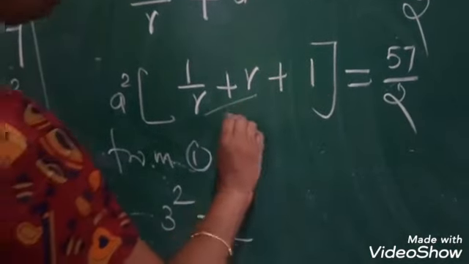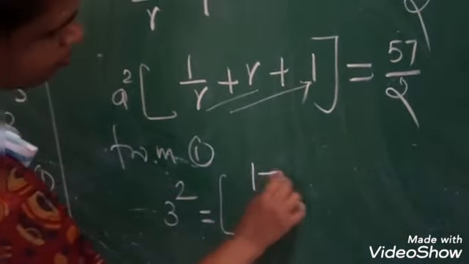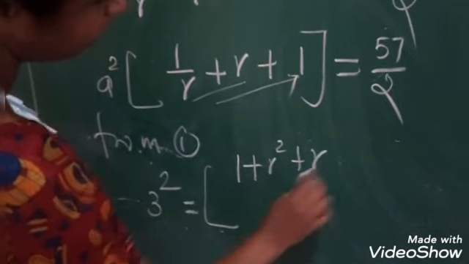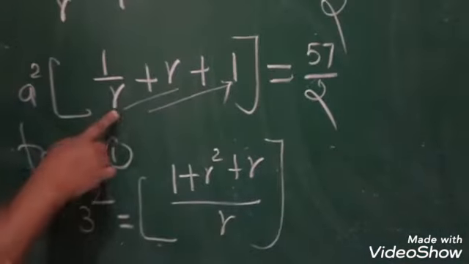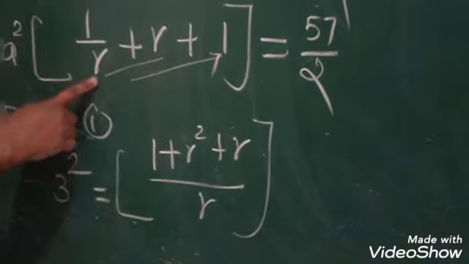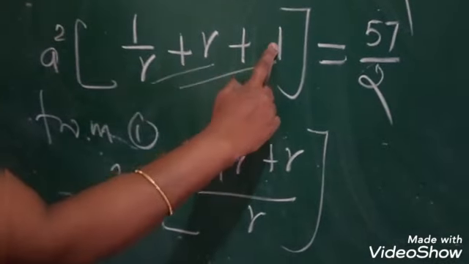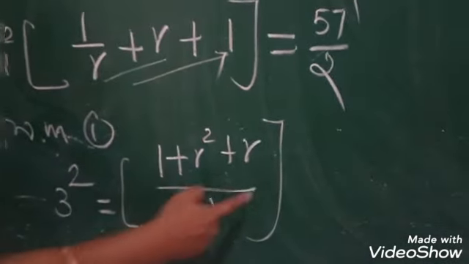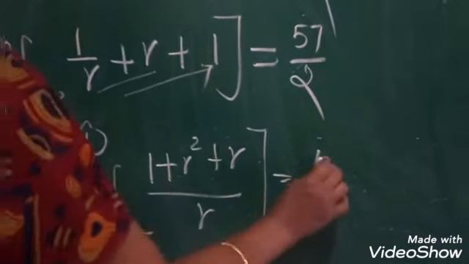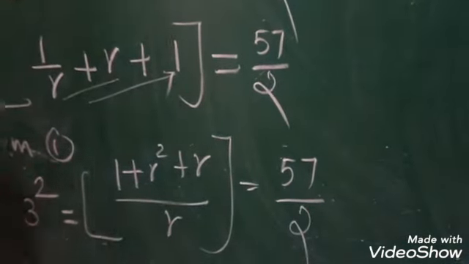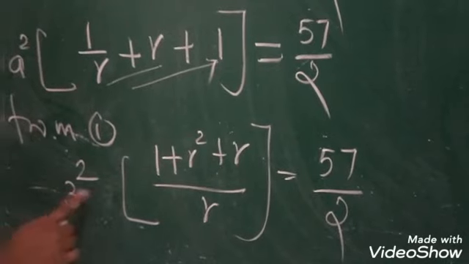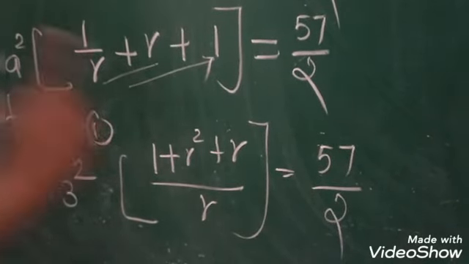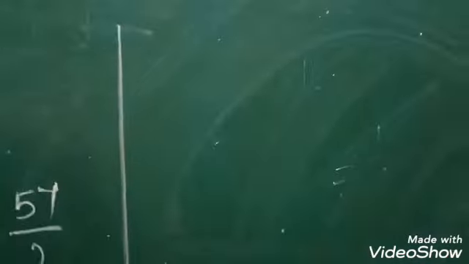Then here you have to cross multiply. So 1 plus r squared plus r divided by r. Here I am taking the common denominator r, so multiplied by r here also. So the common denominator is r. Now 57 divided by 2, the 3 squared comes to the right hand side.